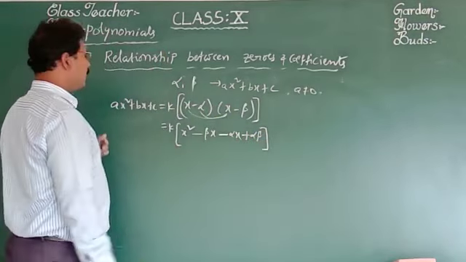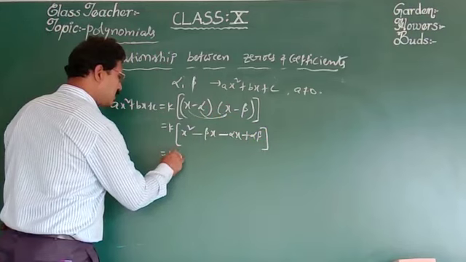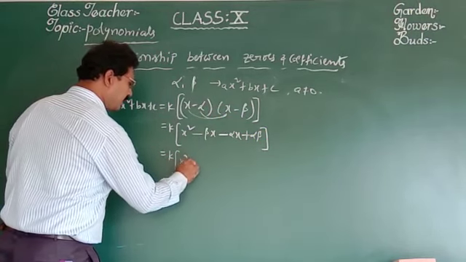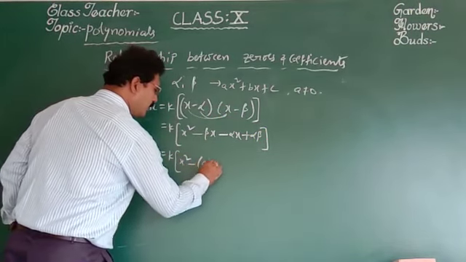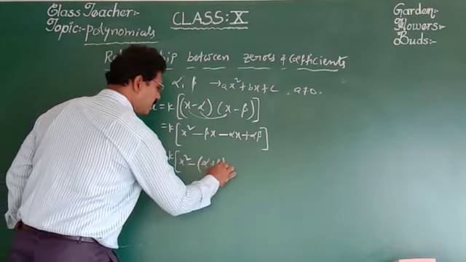So this is equal to k of x square, taking common, minus alpha plus beta into x plus alpha beta.